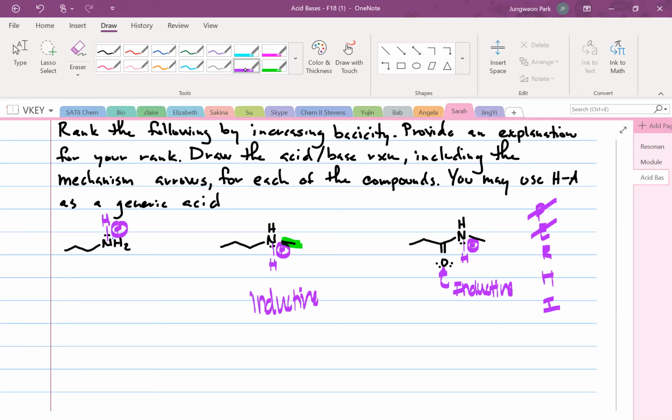Wait, so if it's inductive, in base form, is it the most basic or the least? You have to figure out what type of inductive effect this has. Is it positive or negative? Is this methyl group electron withdrawing or electron donating?